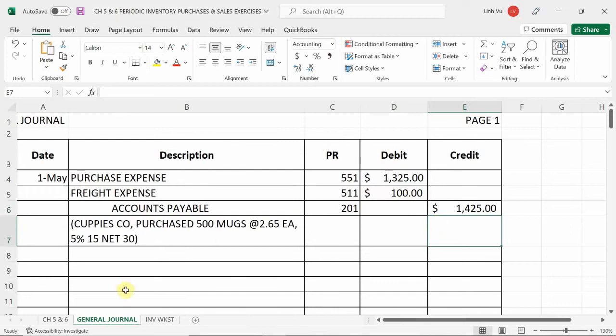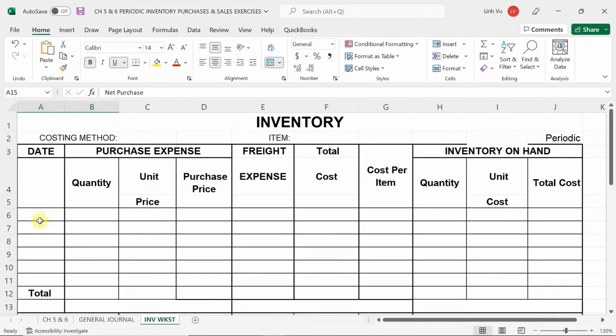Okay. Now that I journalized it, I can now go ahead and plug it into my inventory worksheet, right? So in this case, what's my total purchase price?